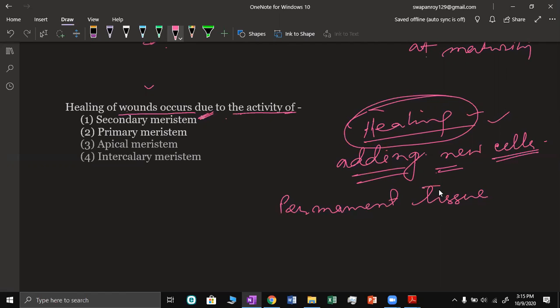Permanent tissue does not divide, they do not produce new cells.